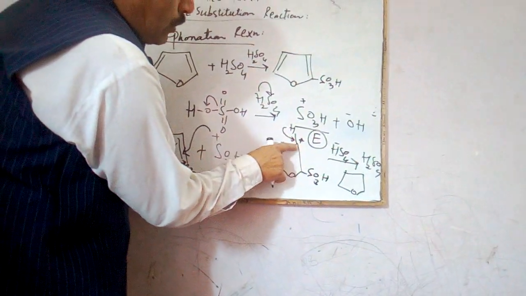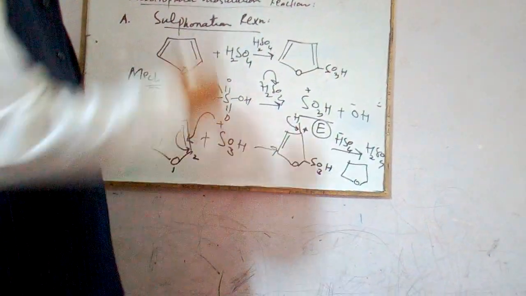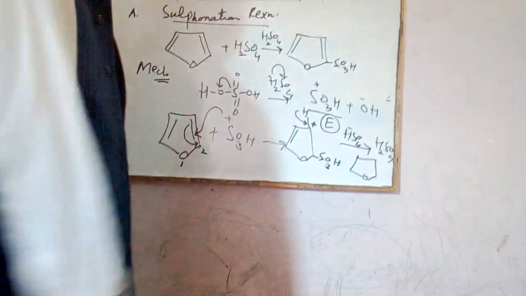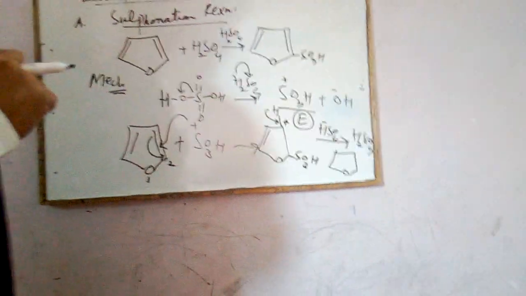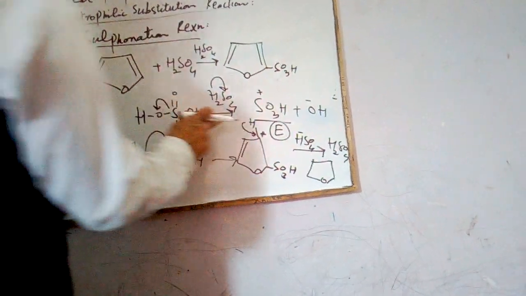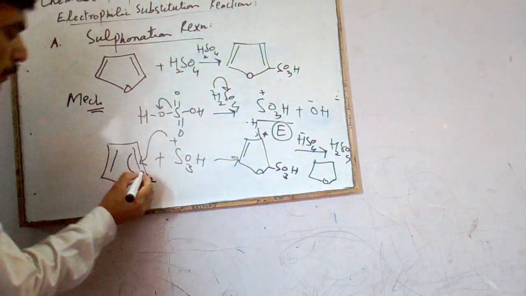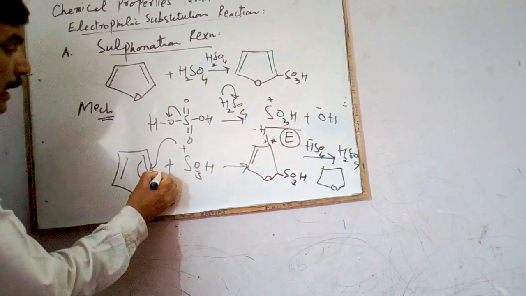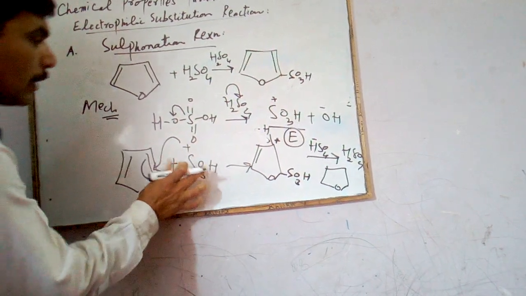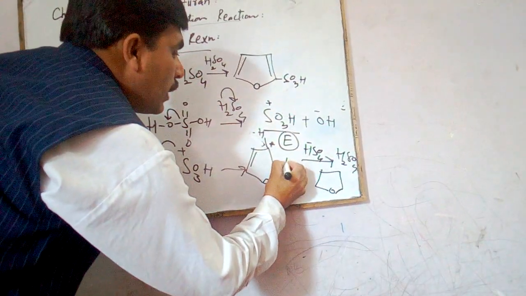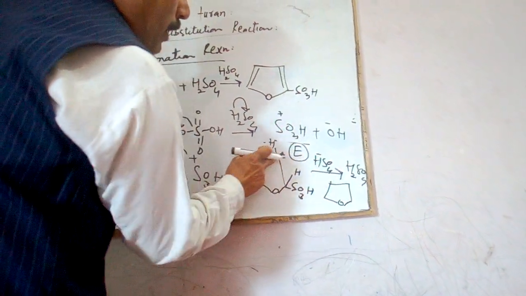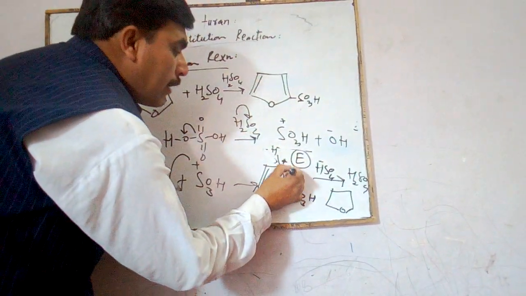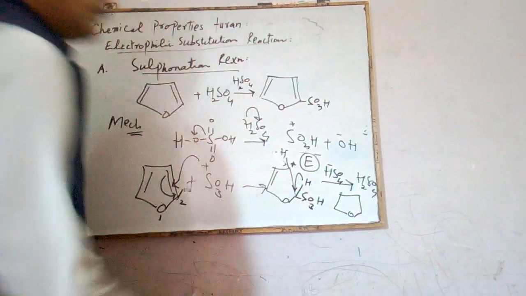And the pi electron system will be restored. Sorry to say, the proton will be given out. Here we already have a proton in this position, which has a positive charge. The proton will be given out from this position.